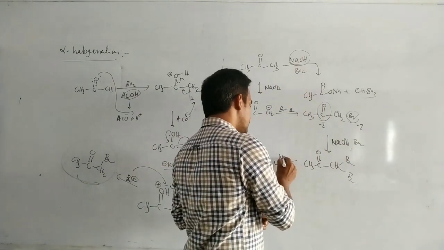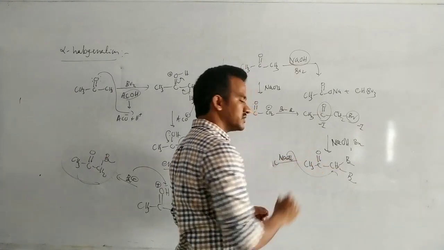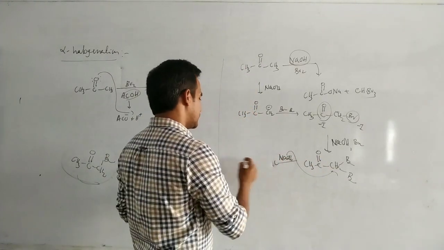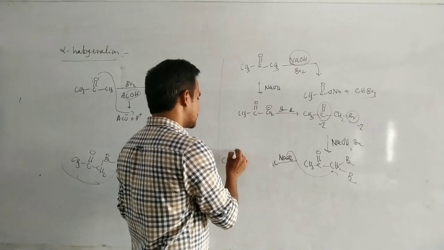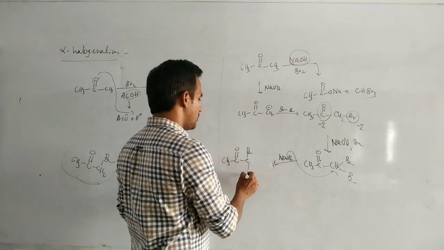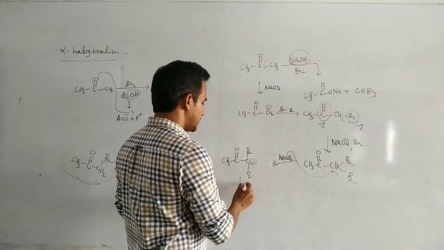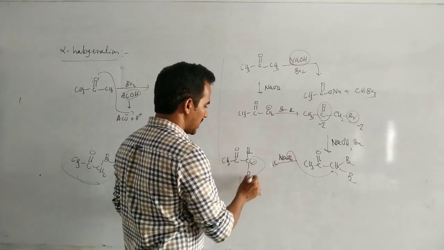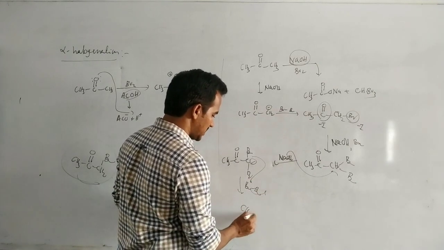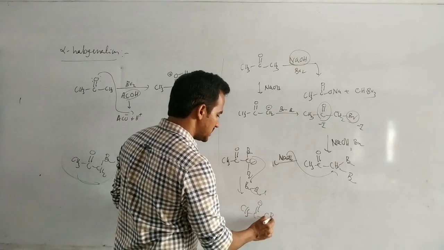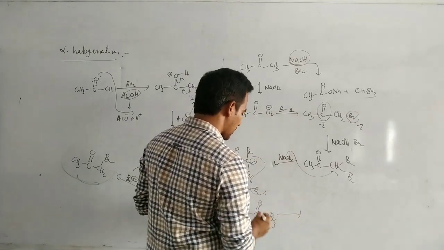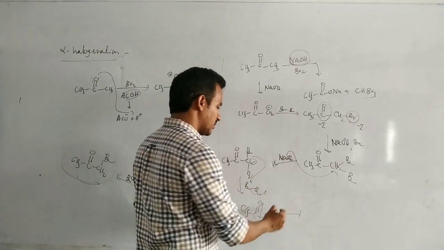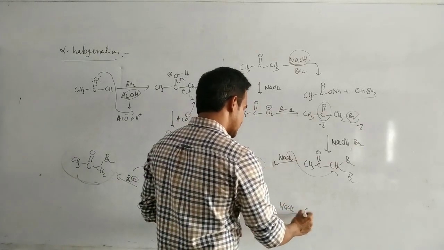Now again NaOH removes this most acidic hydrogen and we get the negative-charged carbanion, and Br2 gives Br negative. Now this attacks on Br plus, giving CH3 C double bond O CBr3, and this is then cleaved in the presence of basic medium.